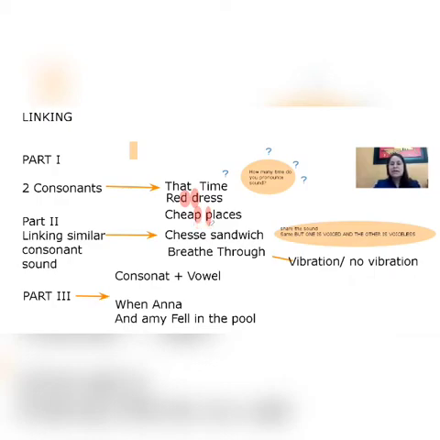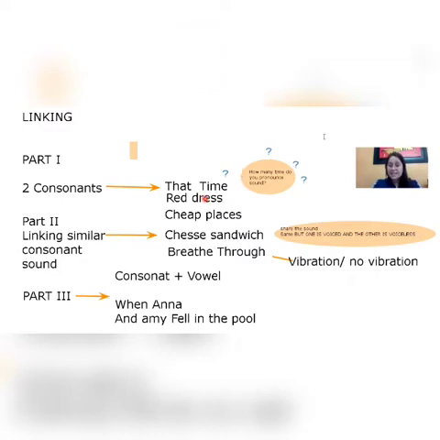Remember that it's important to link the words, as I mentioned before, because it's more fluent and sounds pretty good. It's like a native English speaker. Okay, the question that I have here is: how many times do you pronounce the sound?